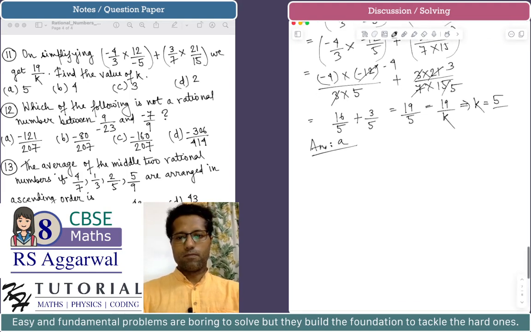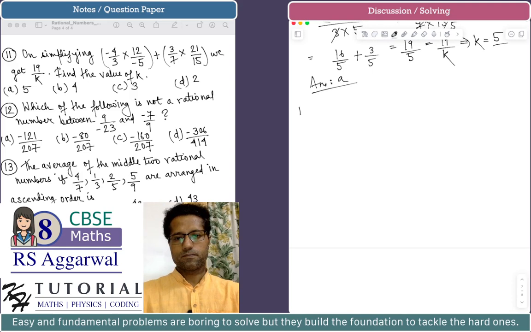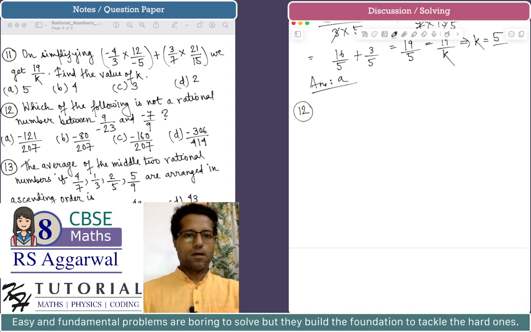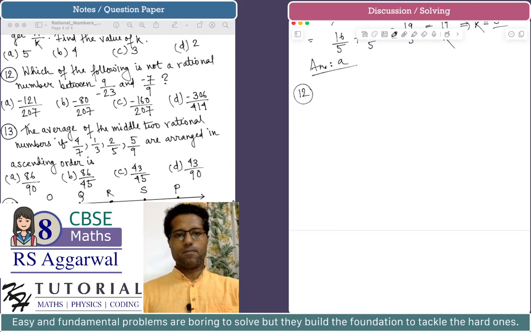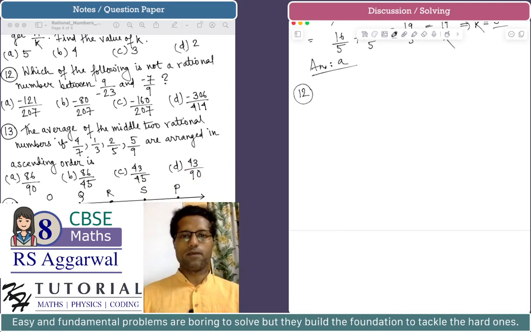Let's do problem number 12. Which of the following is not a rational number between 9 by minus 23 and minus 7 by 9?